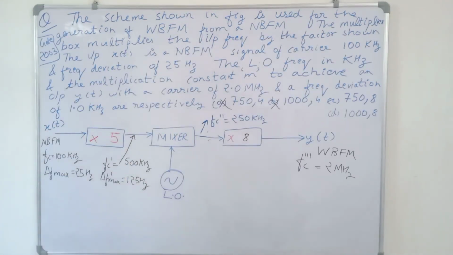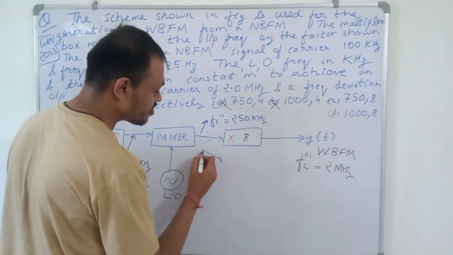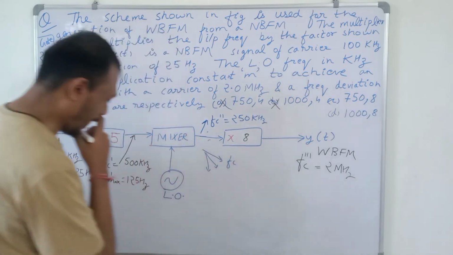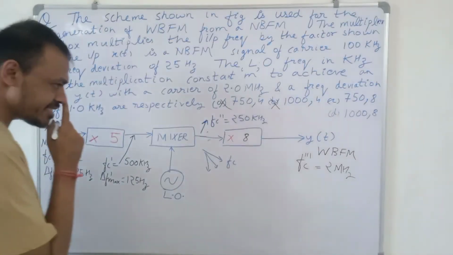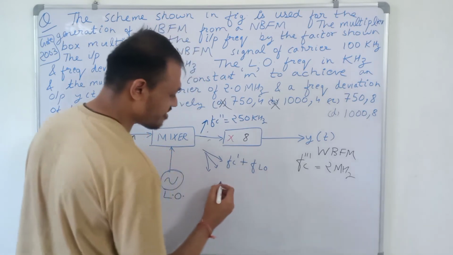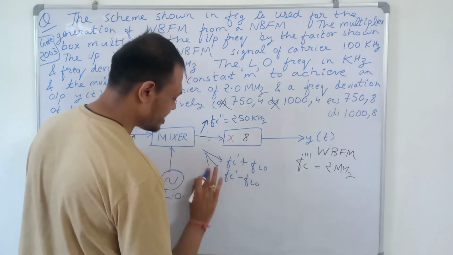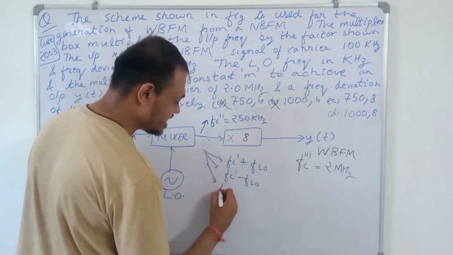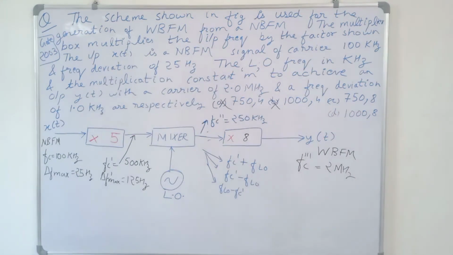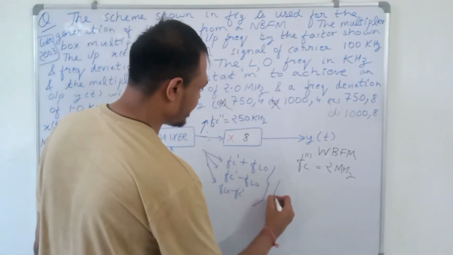Now the output of this mixer can be either fc dash plus local oscillator frequency, or fc dash minus local oscillator frequency, or local oscillator frequency minus fc dash, and this is equal to fc double dash.